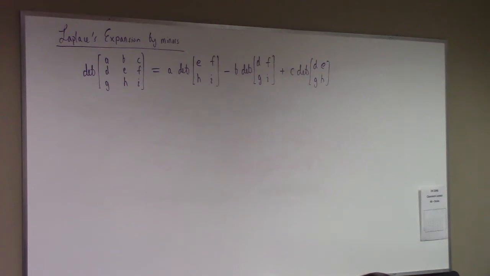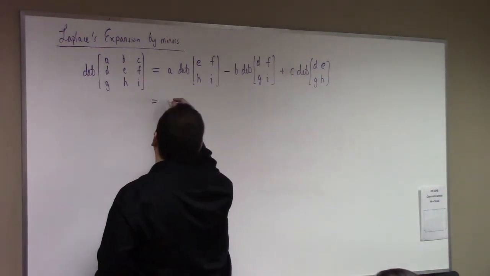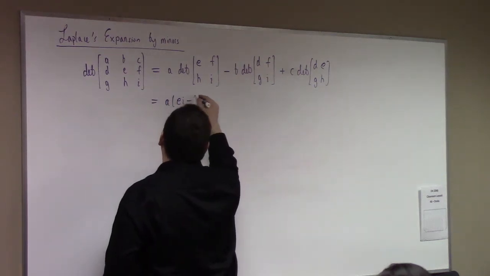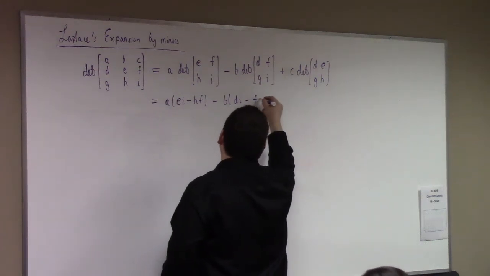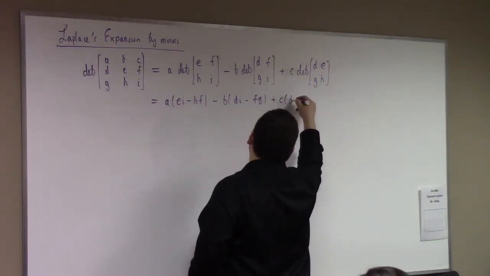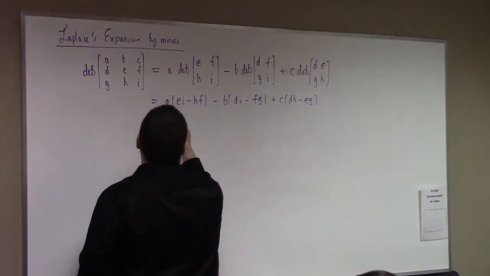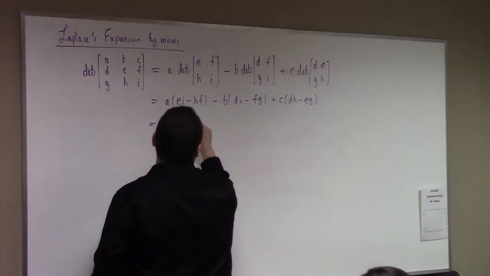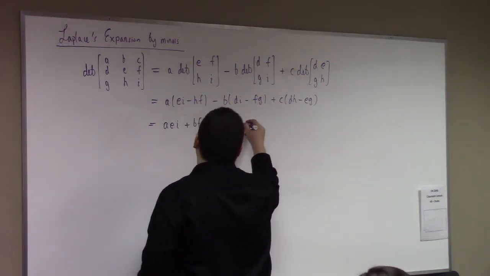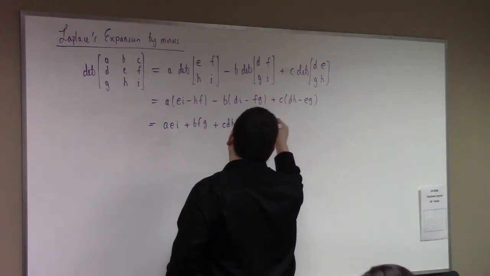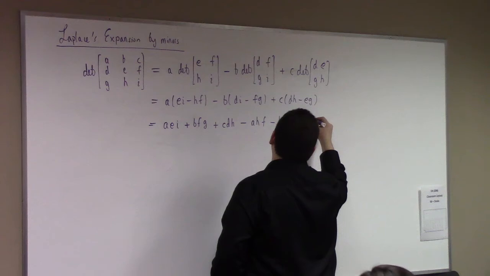So we can finish this here. This is really A times (EI minus HF) minus B times (DI minus FG) plus C times (DH minus EG), which is AEI plus BFG plus CDH minus AHF minus BDI minus CEG.